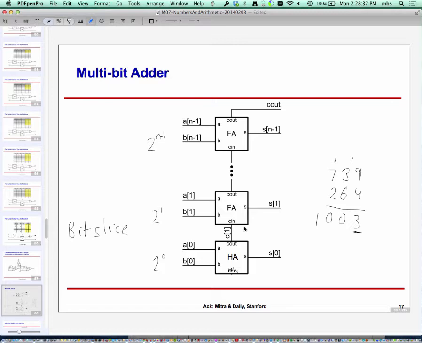This style of designing has the advantage that I can design one thing and then tile it to create arbitrary size things. You want a 10-bit adder, I can just stack 10 of them. You want a 16-bit adder, I can stack 16 of them. I don't have to design from scratch. But it results in long delay paths: the delay can start from here and go through all of these until the carry out. So the delays can be high.